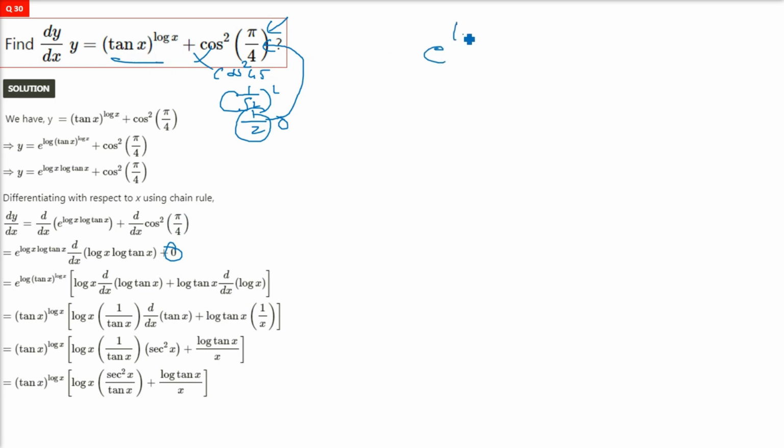E to the power log, and write this 10x to the power log x, and log x will come in front. So log x will come in front. It will be here e to the power log x log 10x. d by dx we are doing of this term.